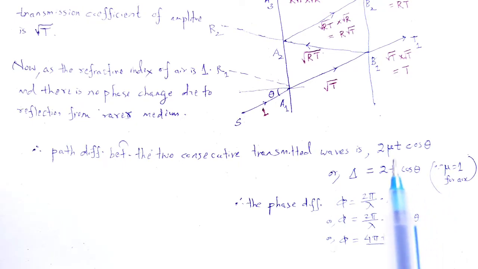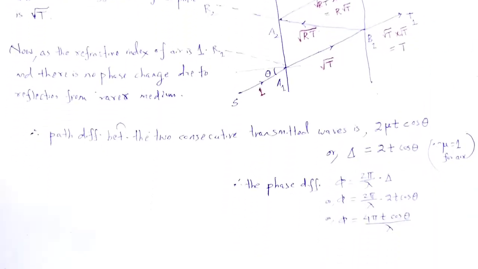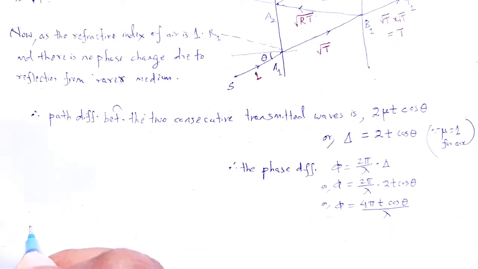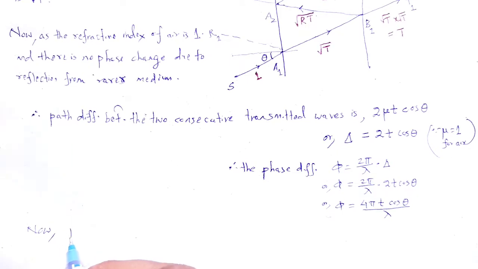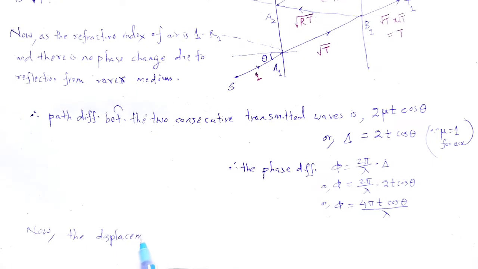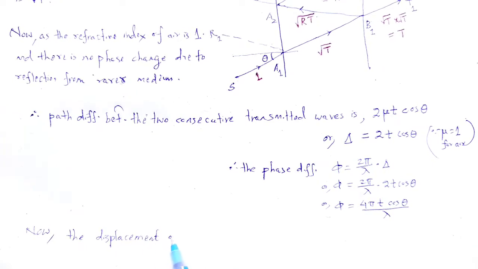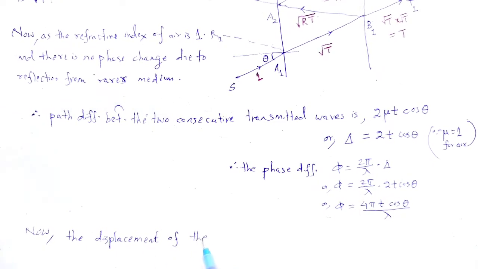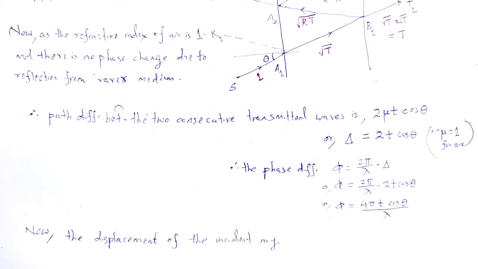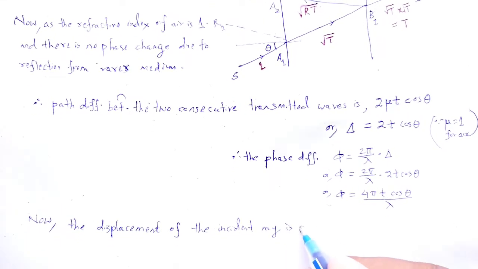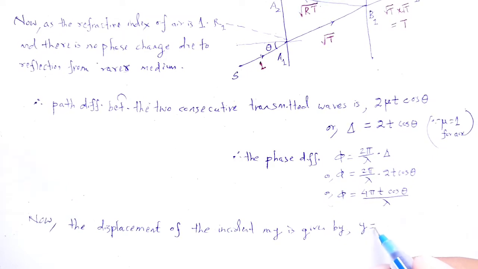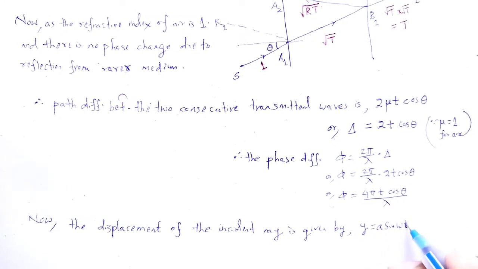So, the displacement of the incident ray is given by y is equal to a sin omega t.